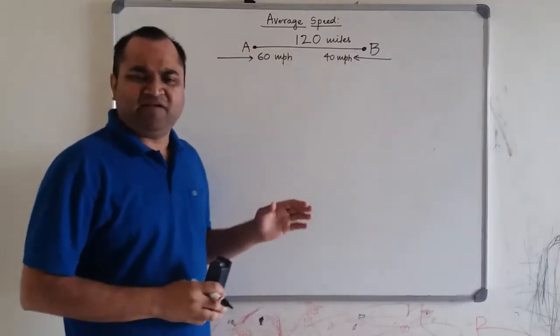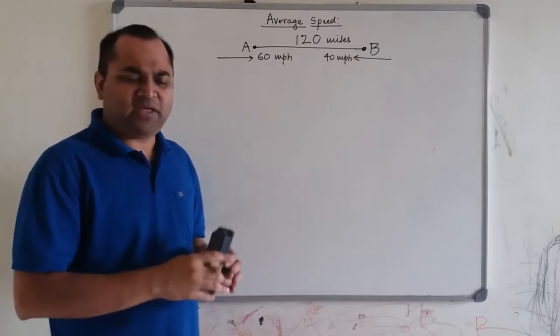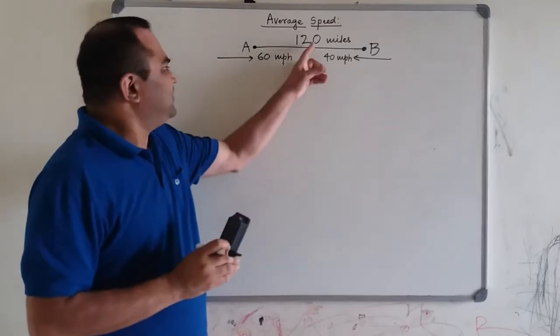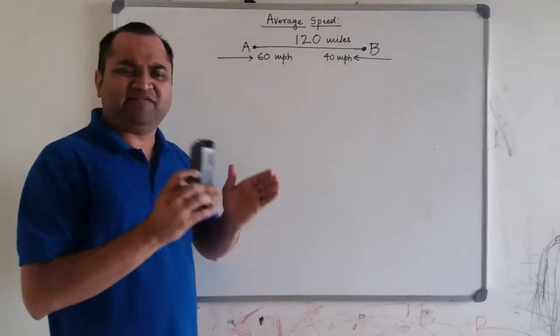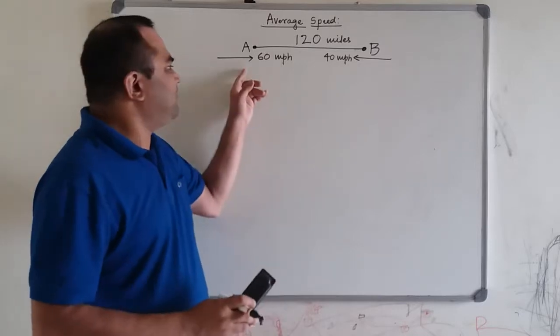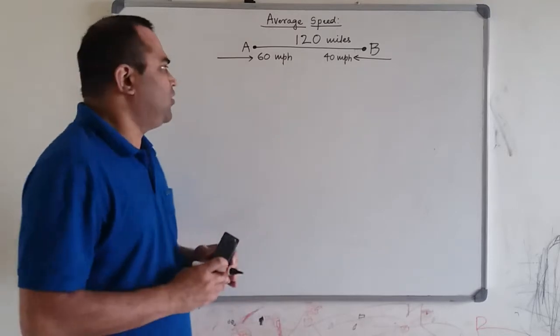So this implies the car is traveling between the cities A and B to and fro for the same distance. The constant distance is 120 miles, which is travelled by the car from A to B and back from B to A. Okay.